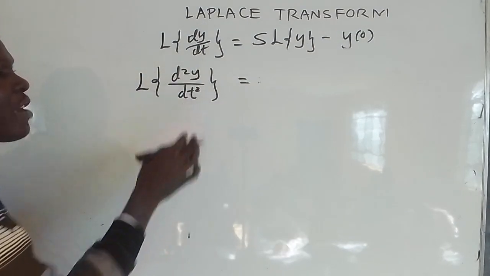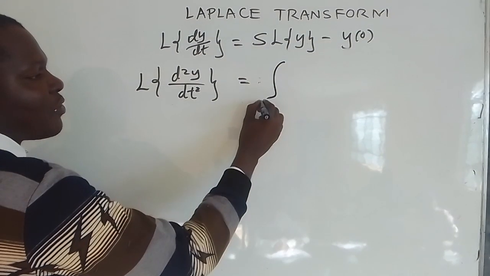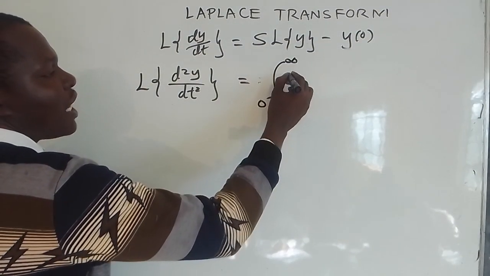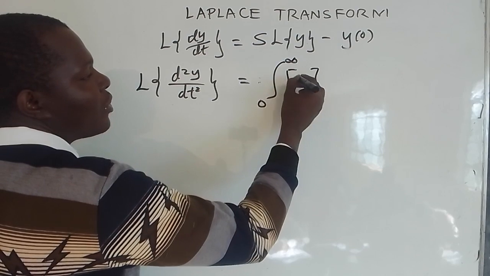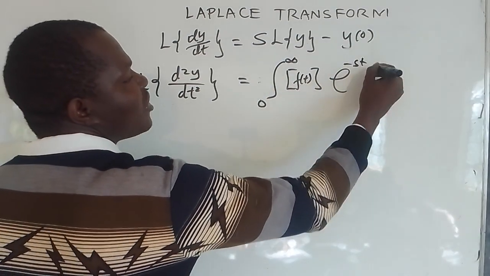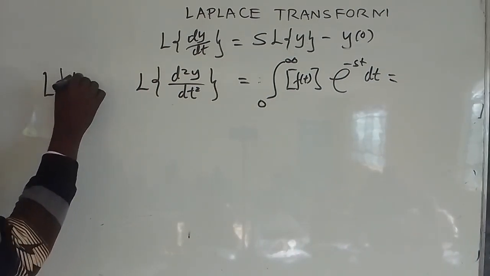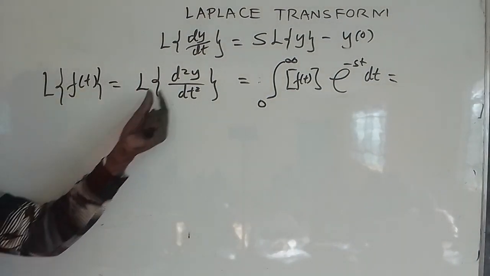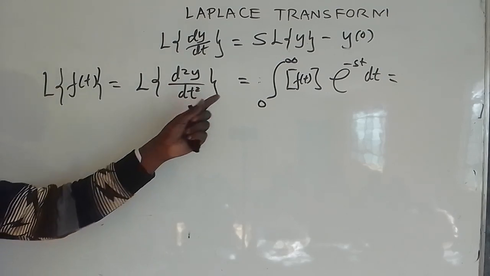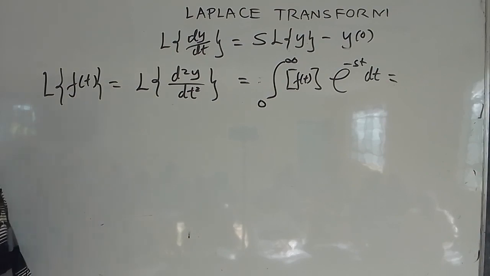Meaning our function f of t, we substitute with this, isn't it? So the Laplace transform is from 0 to infinity f of t exponential minus st dt. So you can see our Laplace transform of a function f of t is equal to this, isn't it? So where there is a function f of t, we put the second derivative there, isn't it?